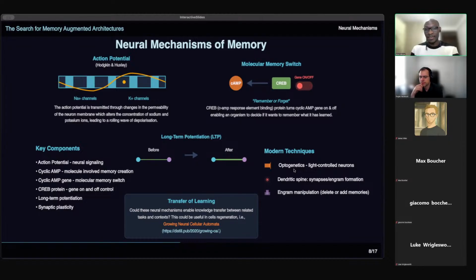Another very interesting thing is the dendritic spine: the Hebbian learning process leads to new dendrites or synapses forming. So you get new synapses forming through the process of learning.